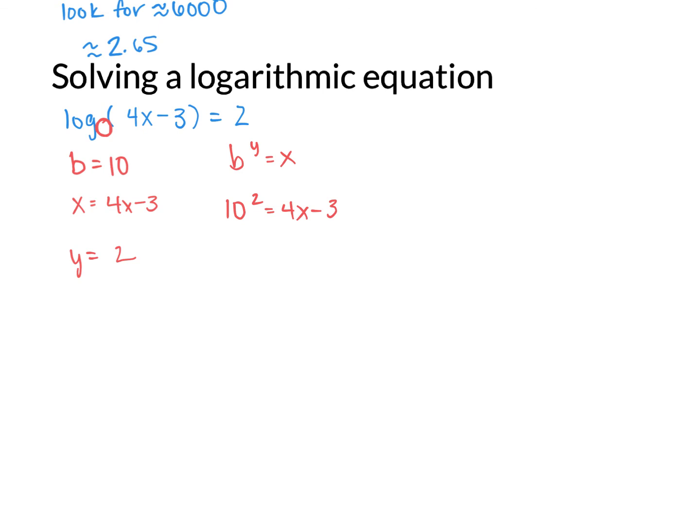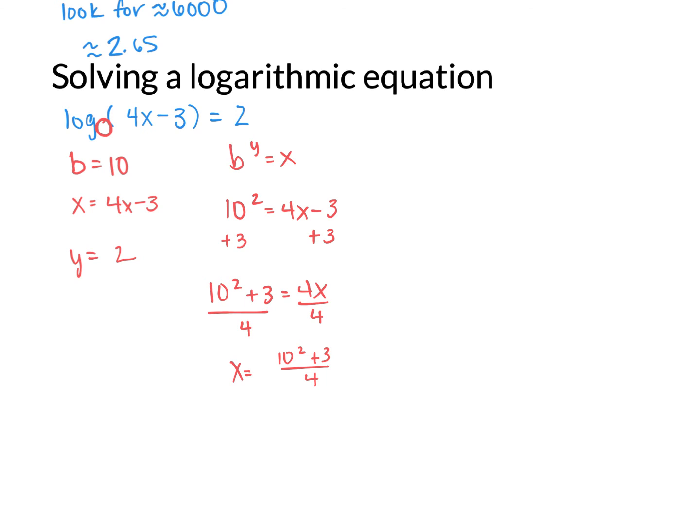Then we can solve for x. So we can just add the 3. So it would be 10 squared plus 3 equals 4x. Divide by 4. X equals 10 squared plus 3 over 4. So can we plug this in our calculator?